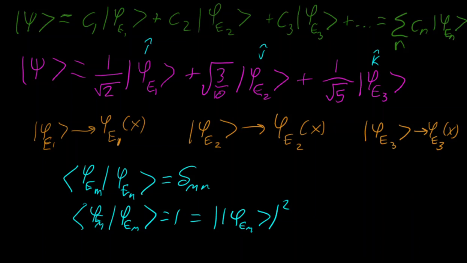So the last thing I want to show you in this video is that this works. This is pretty obvious using the definition of a vector, but we also need it to work in the position basis. If we want to take this inner product, we'd have the integral of phi E sub m star of x times phi E sub n of x dx.